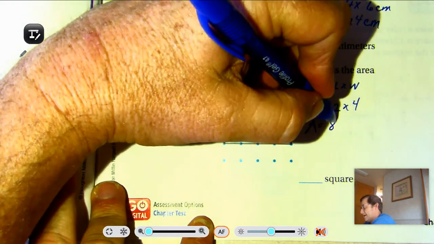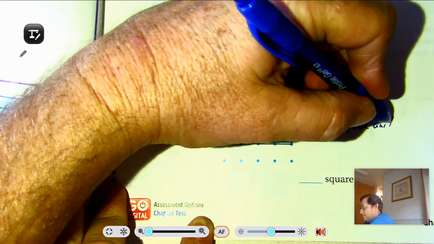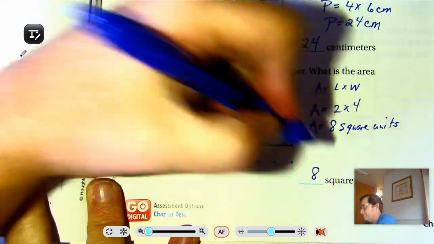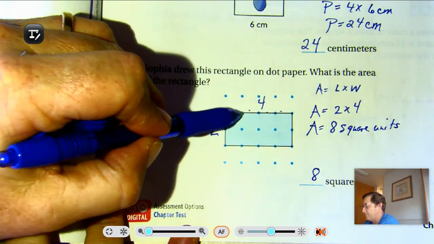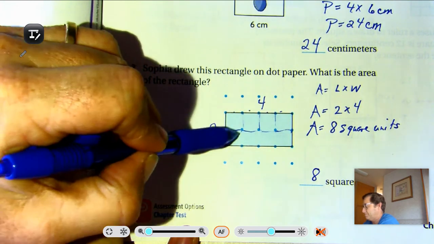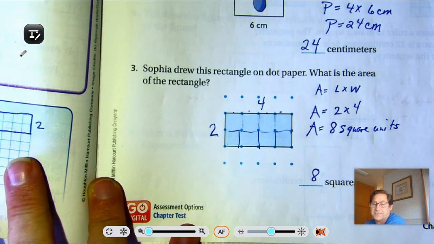So the area is 8 square units. 4 times 2 is 8. And you can confirm that by just counting the number of squares here. Okay, I see 8 squares.